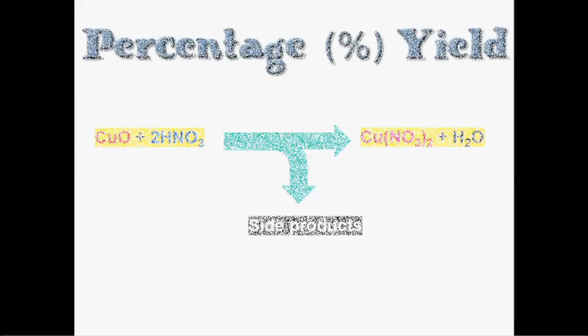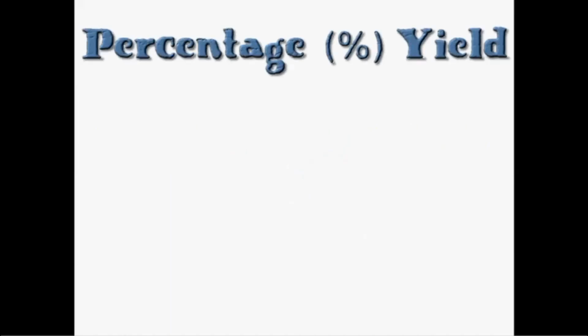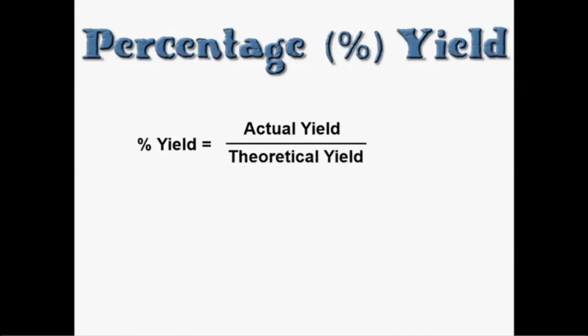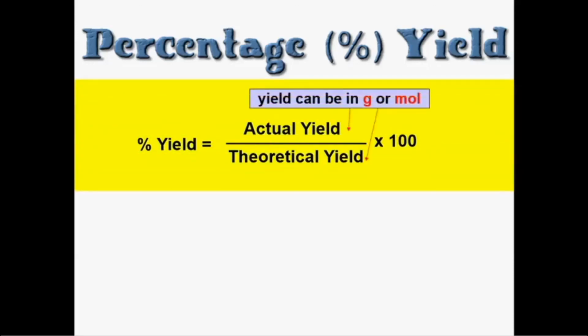So now is the time to look at the percentage yield. Percentage yield is defined as the actual yield divided by the theoretical yield, times 100%. Remember, the actual yield and the theoretical yield could be either in grams or moles.